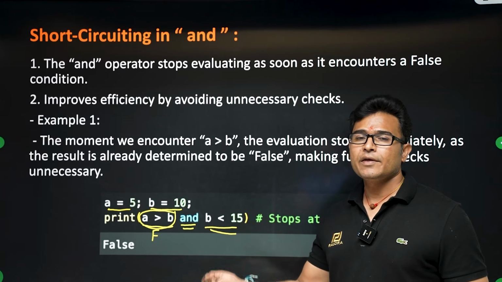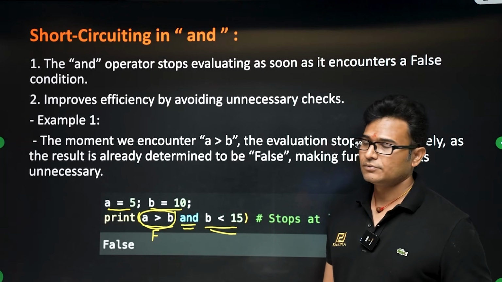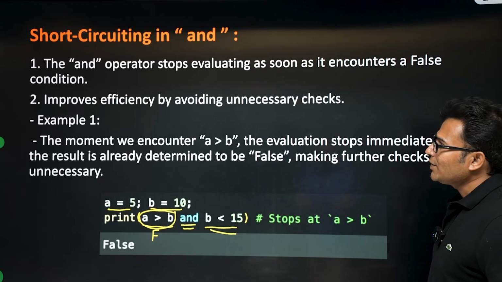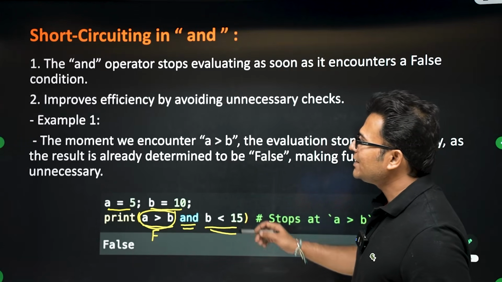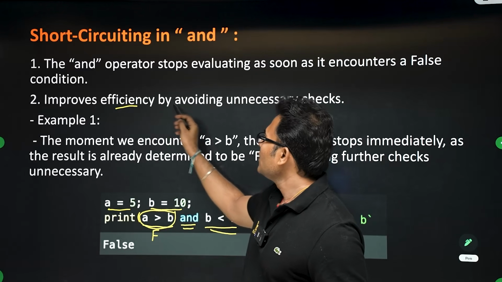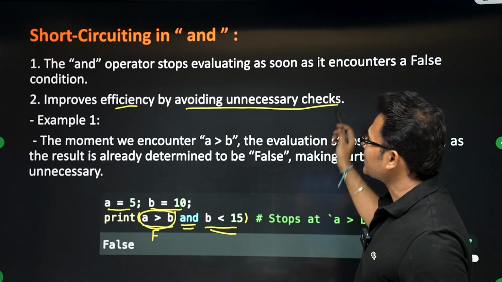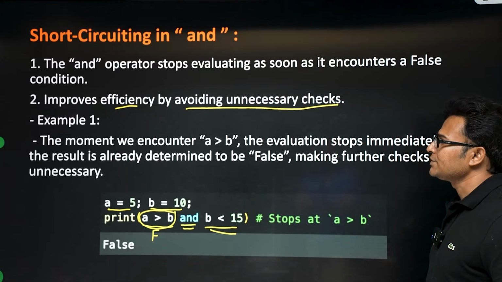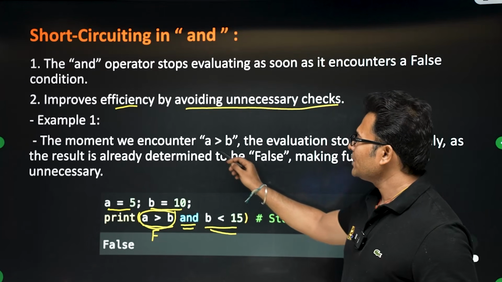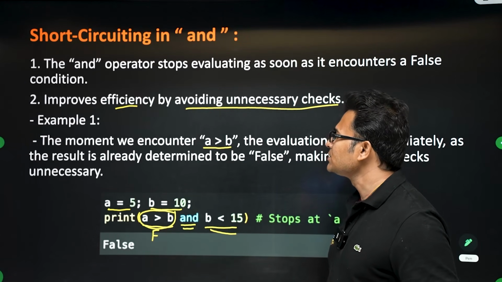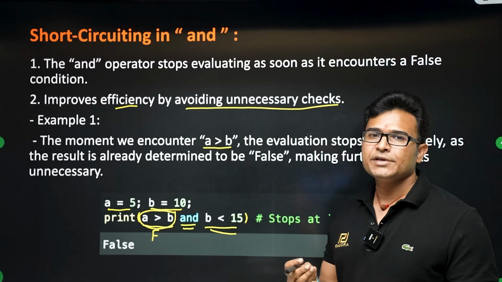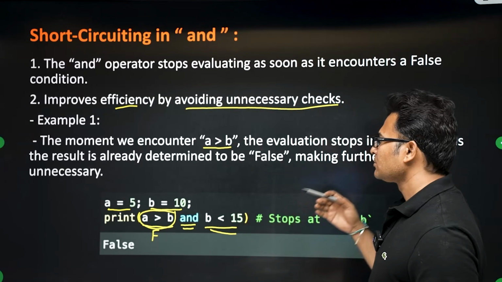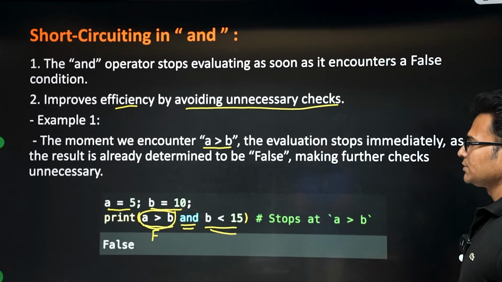Even if you evaluate the other one, it is useless. So what is the advantage? It improves efficiency by avoiding unnecessary checking. Once you know that A is greater than B is false, you can stop the evaluation there and declare that it is false, right?